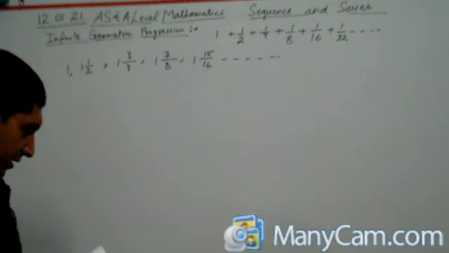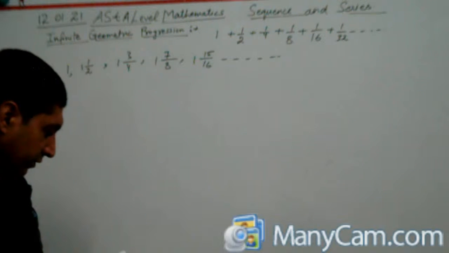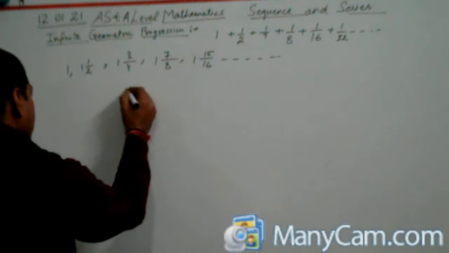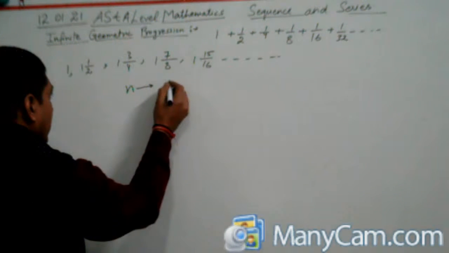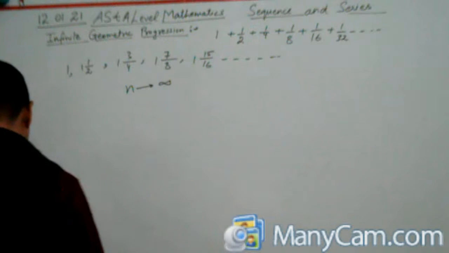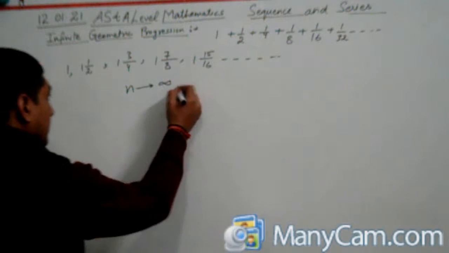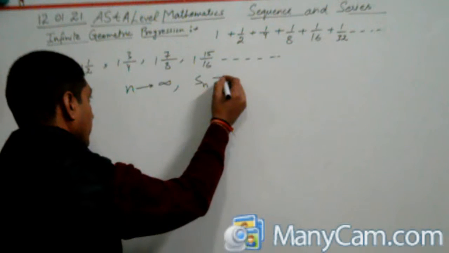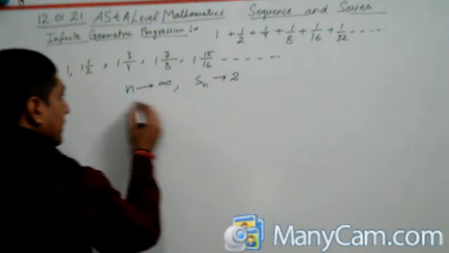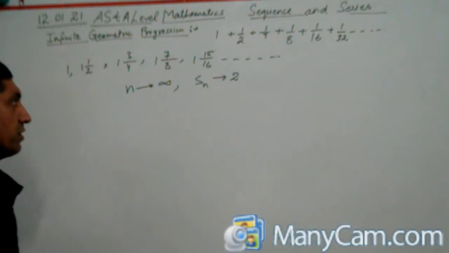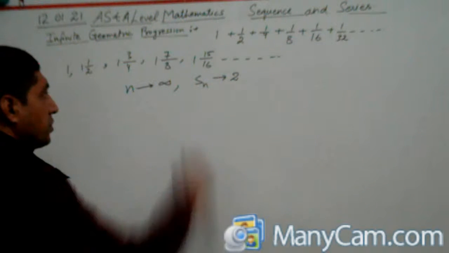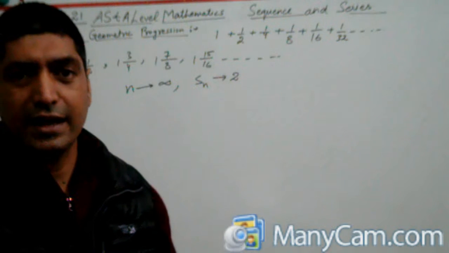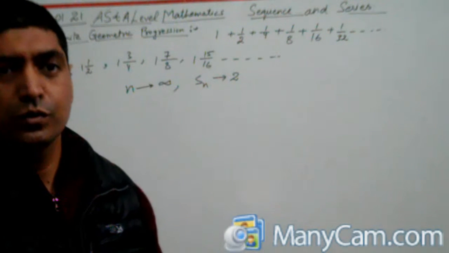As n approaches infinity, the sum of n terms approaches 2, right? In both these sequences, if n approaches infinity, Sn approaches 2.